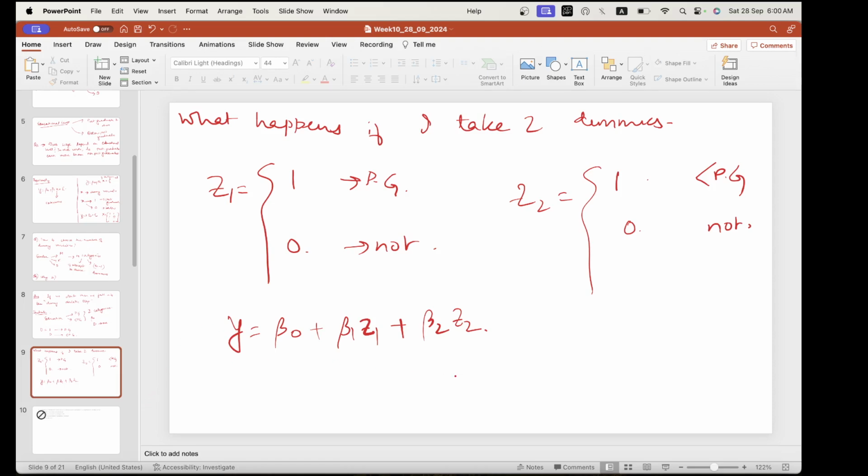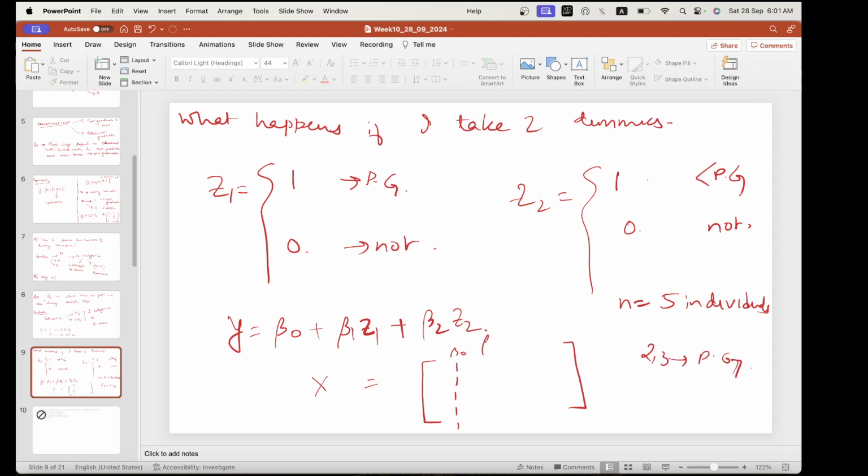Now if we have to write the model matrix, what will it become? It will be 1 1 1 1 corresponding to the intercept term. Let's say I have n equal to 5 individuals, 1 2 3 4 5. Let's say individuals 2 and 3 are postgraduates.